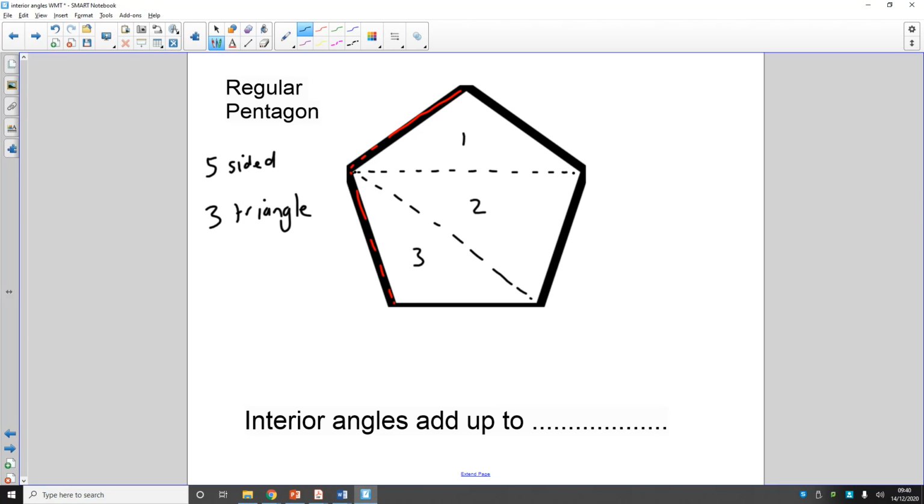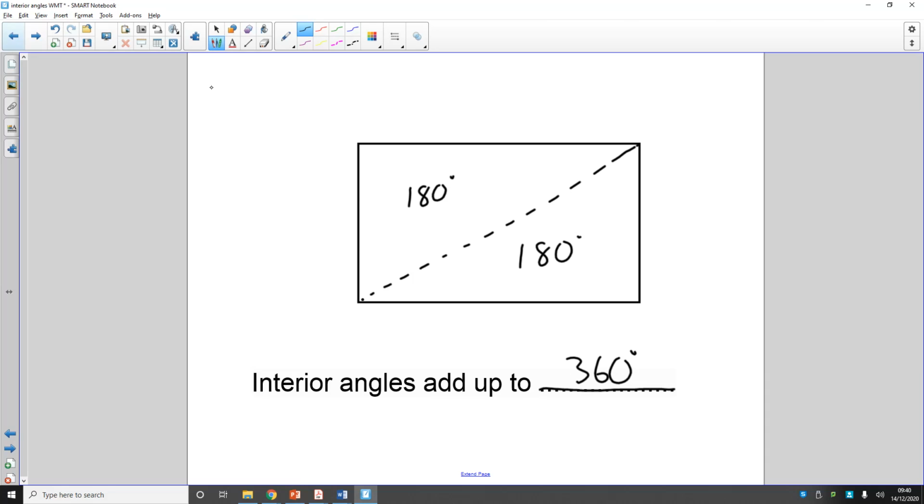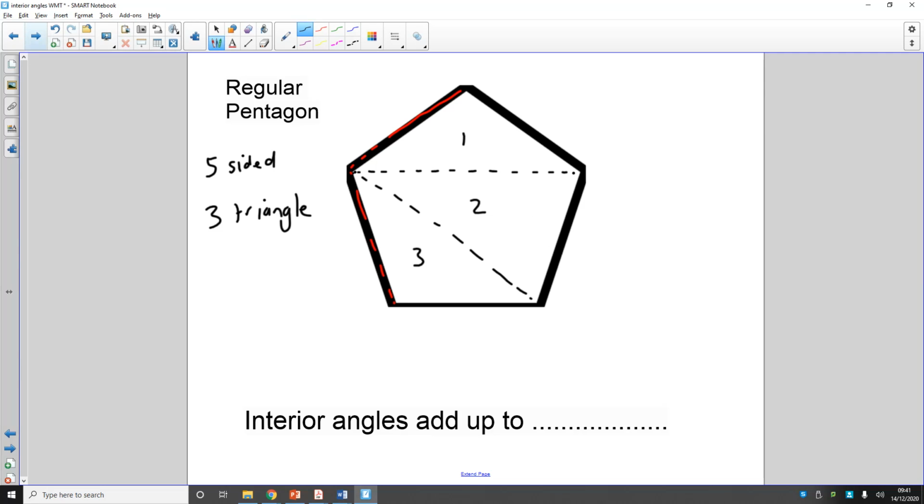If I go back one slide to my four-sided shape, then how many triangles did this split up into? Well, it split up into two triangles. There's a link there. Have a think about it as we're going through this one. So a four-sided shape splits into two triangles. A five-sided shape could split into three triangles.